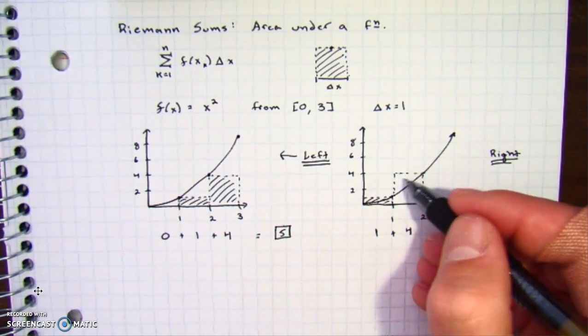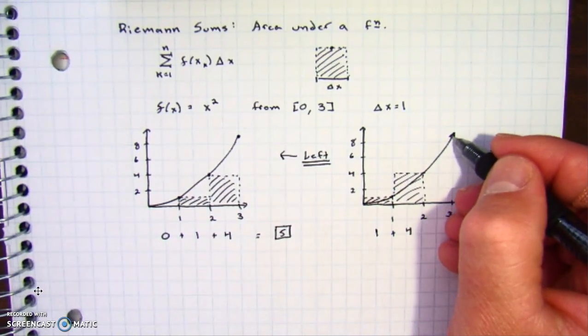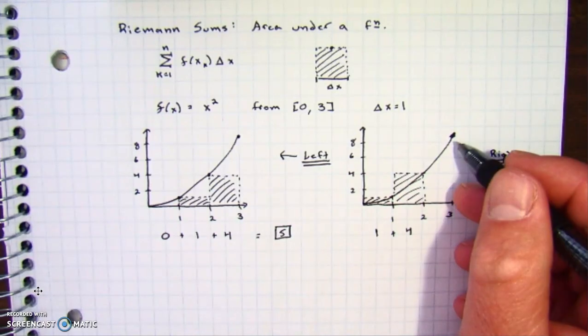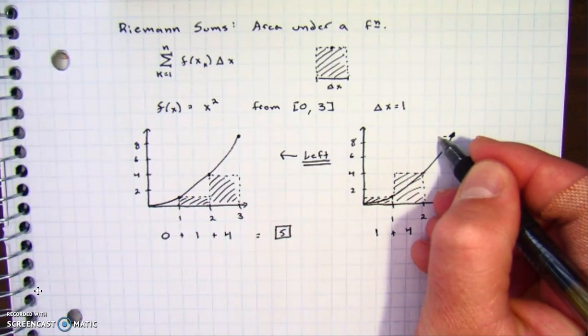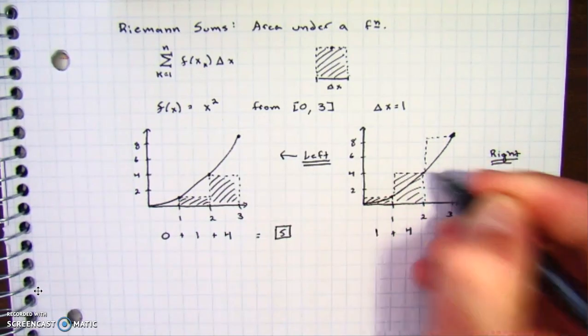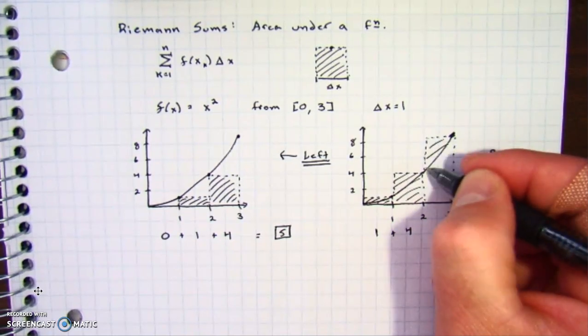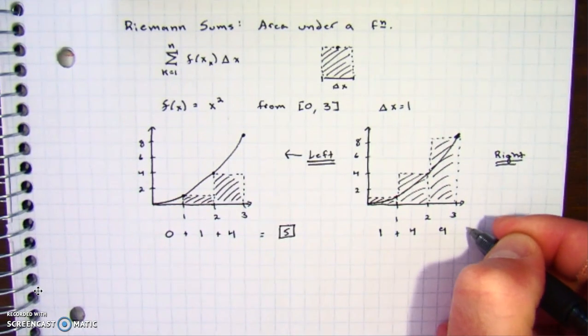So that'll be 4. And lastly, we're going to have a height of 9, because remember we're on the right hand side of this, and the base is going to be 1 again. So this is going to be 9.